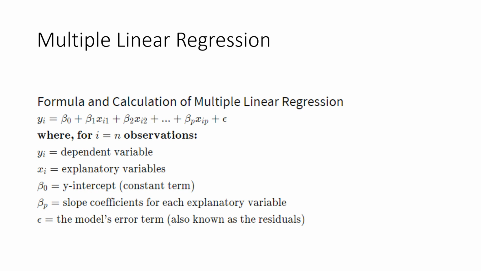Take note, not too highly correlated with each other. Third, the y sub i observations are selected independently and randomly from the population. Fourth, the residuals should be normally distributed with a mean of 0 and a variance equivalent to our population variance.